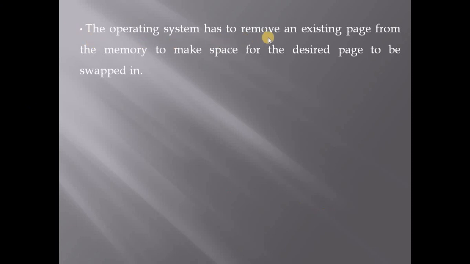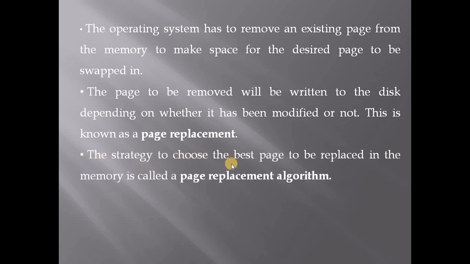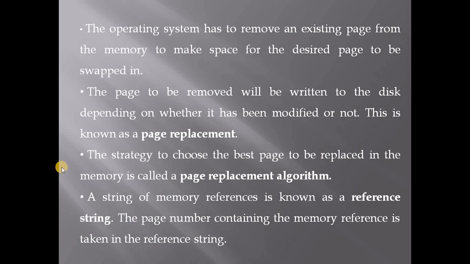The operating system has to remove an existing page from the memory to make space for the desired page to be swapped in. The page to be removed will be written to the disk depending on whether it has been modified or not. This is known as page replacement. The strategy to choose the best page to be replaced in the memory is called the page replacement algorithm. The algorithm that will produce fewer page faults will be considered a good page replacement algorithm.